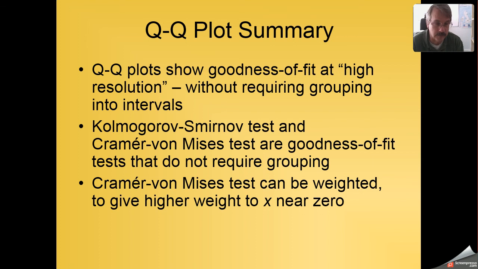And finally, that Cramér-von Mises variant has the opportunity for us to give higher weight to fit near the transect line, which is critical to our ability to make reliable estimates of abundance or density.